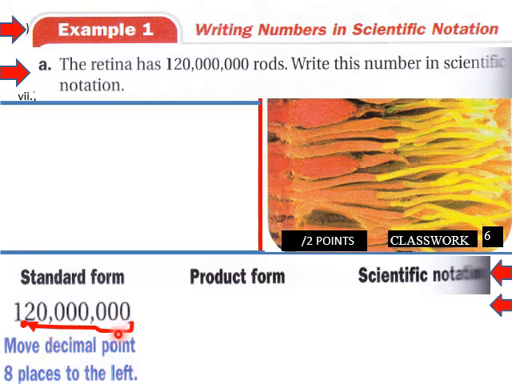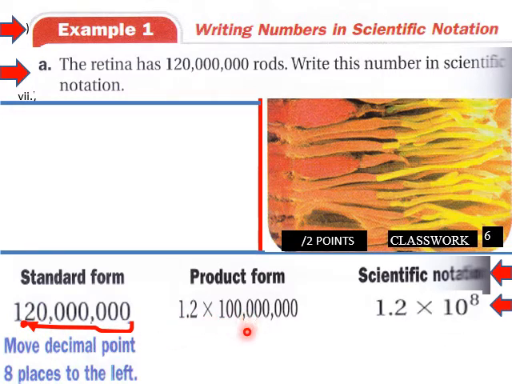So 8 places here would be 1.2 times 100 million. That'd be 1.2 times 10 to the 8th. We moved it over 8 places here, so the exponent is 8.